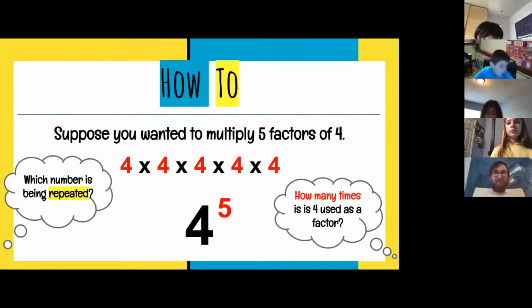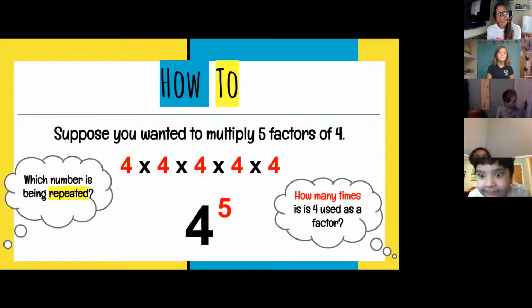But you know what? Even though it's little bitty, it's got a lot of power. A lot of power, right? Because it gives that 4 the power to multiply by itself over and over and over. So that's a very powerful little exponent. Do you guys see that?